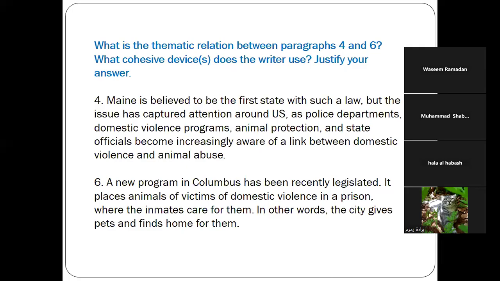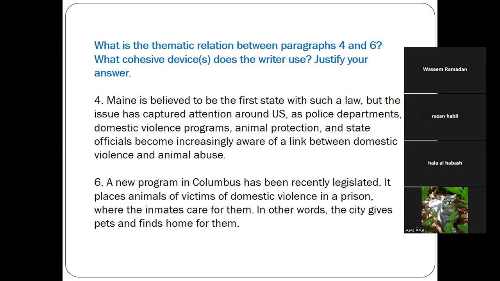Now, let's go to the cohesive devices. When we want to determine cohesion, I look at the beginning of the second paragraph. So let's look at the beginning of paragraph 6. Do you see a transition? No, there is no transition. Do you see one of the fanboys, for, and, nor, but, or, yet?